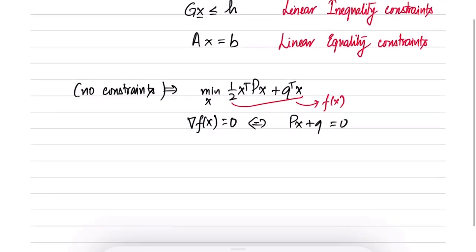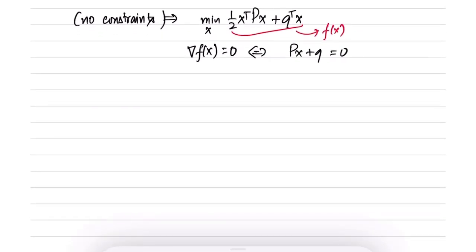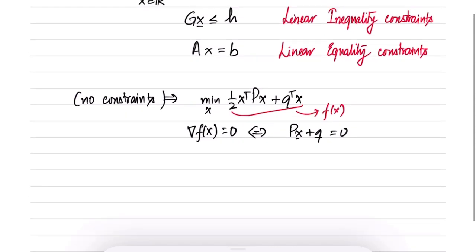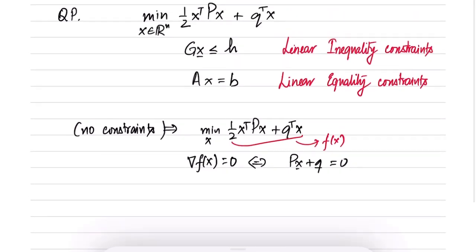Right? So we have already seen this case. If you have a simple unconstrained quadratic program, then its solution is the solution of this system of equations Px plus q equal to 0. So this is a system of equations. But that is not necessarily the case if you have constraints. If you have constraints, then this is not the solution.